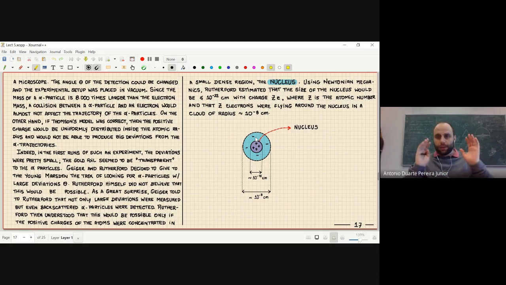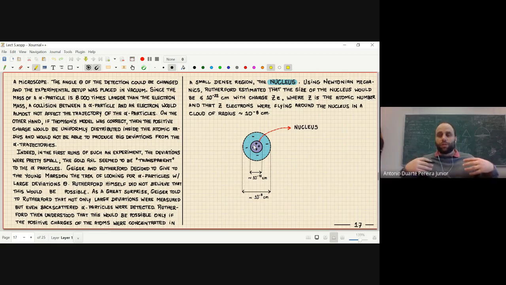This is a prediction made by classical electrodynamics. And here I'm saying to you that we will have electrons moving around the nucleus. And since they are moving around, they are accelerated. And if they are accelerated, according to Maxwell, those particles will emit radiation.